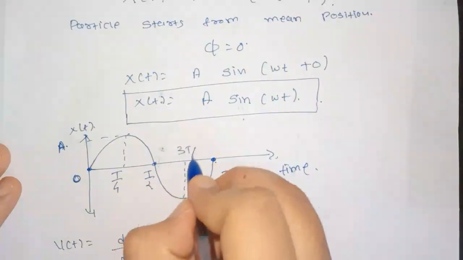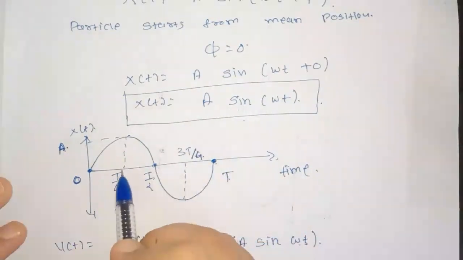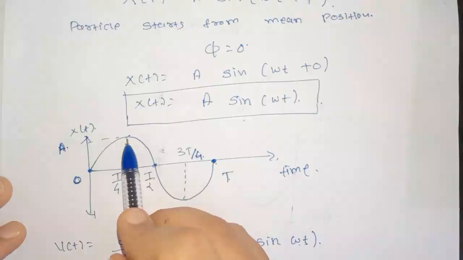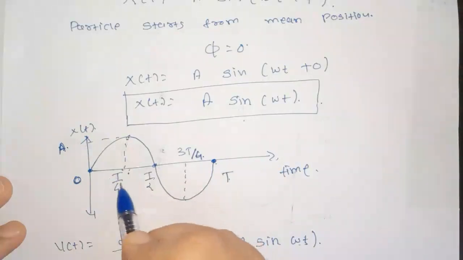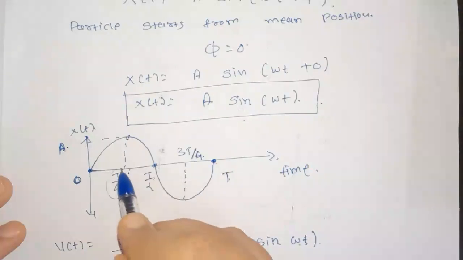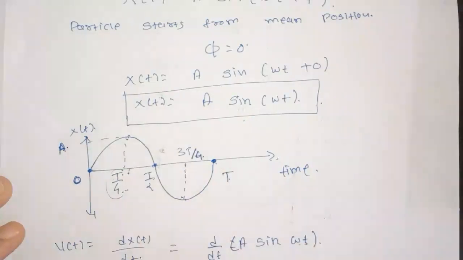This time will be 3T by 4. Here we can see that amplitude, or the displacement, is maximum at 2 time instants, t equals T by 4 and t equals 3T by 4.